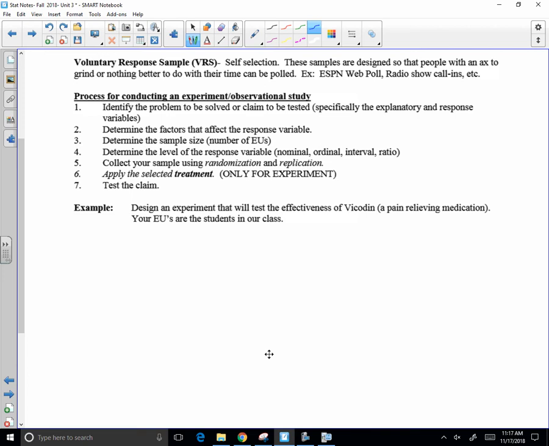So, I know something like this, radio show call-ins. I listen to sports radio often, and political radio and things like that, but just focus on something lighter, the sports radio. Oftentimes, people will walk away with the impression that a coach is bad or a player is terrible just because all they keep hearing is people calling in saying that person's terrible, that person doesn't know what they're doing, and so on.